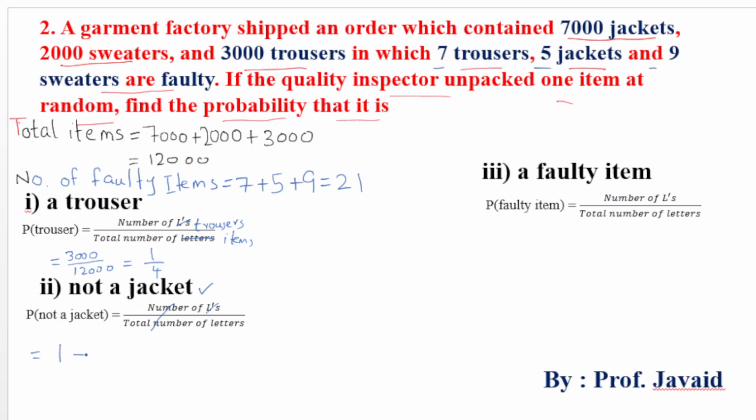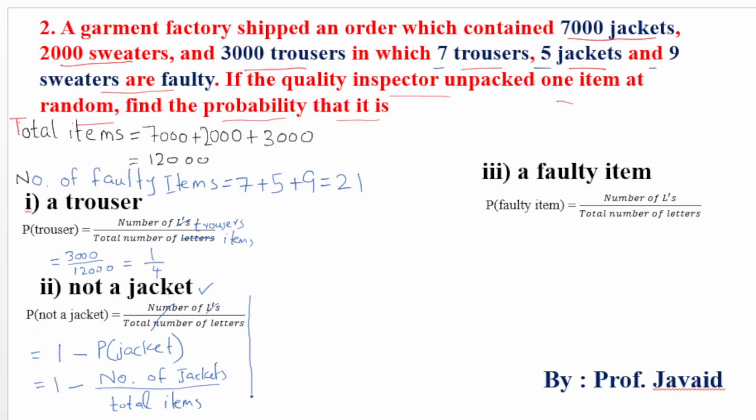We will write 1 minus the probability of jacket. So the probability of jacket is the number of jackets divided by the total number of items.